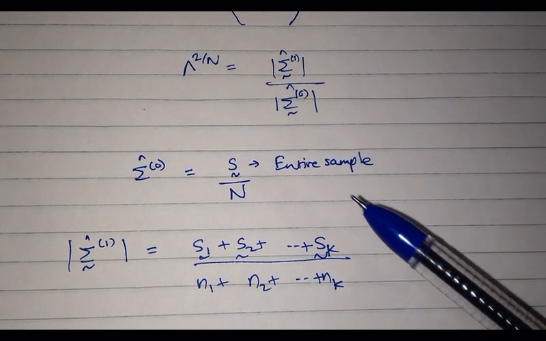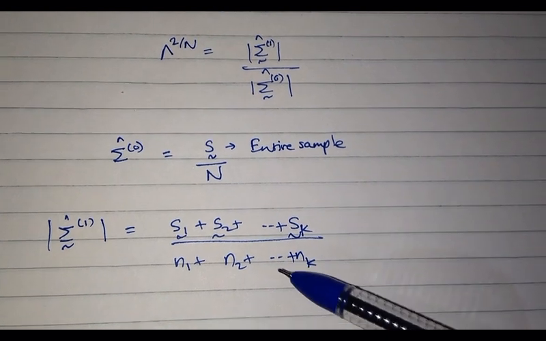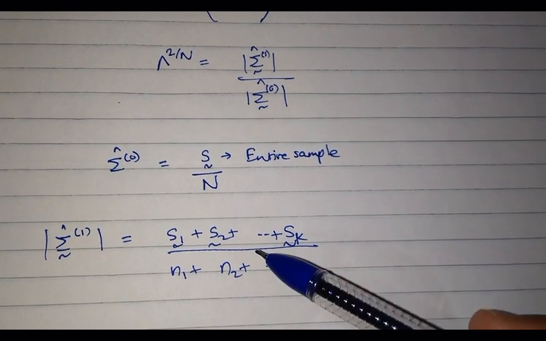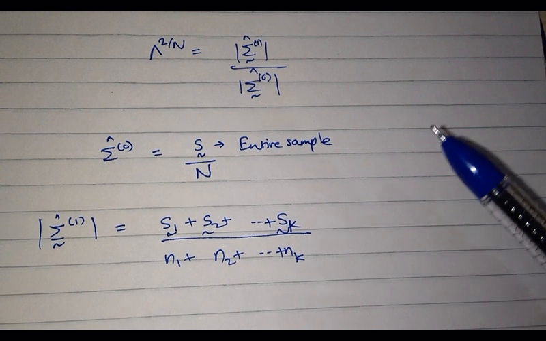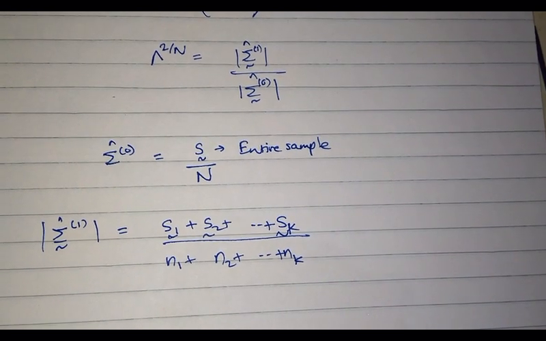If I want to do that, I'll need to bring in individual means. Again, we have done this in the case of LRT for a single sample; we are doing something exactly similar.